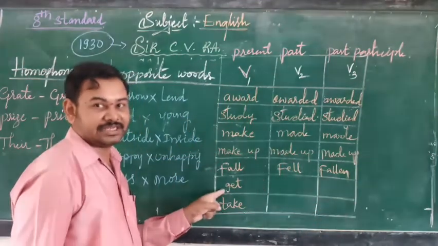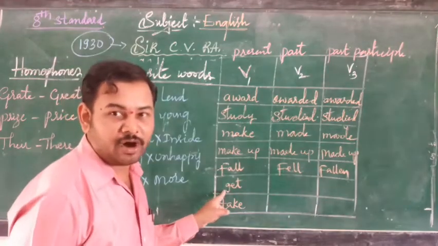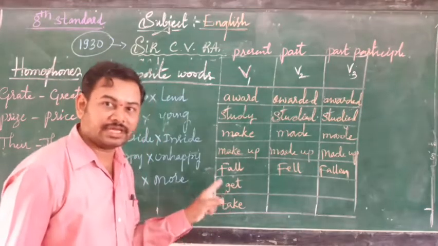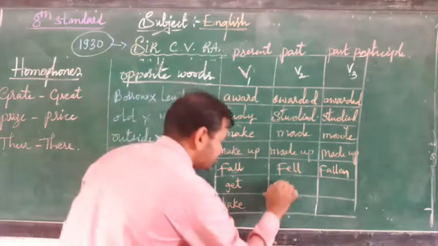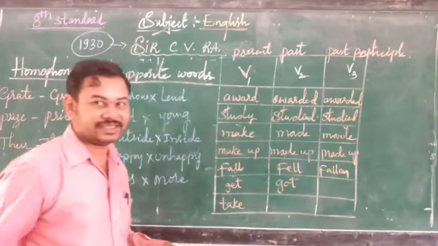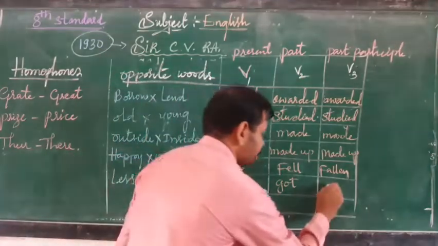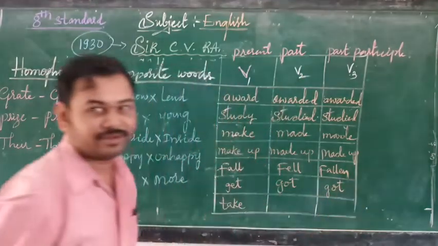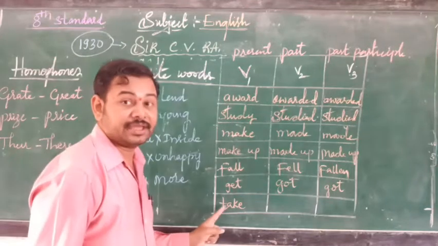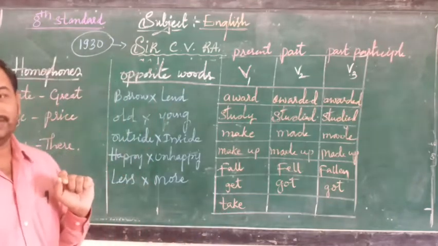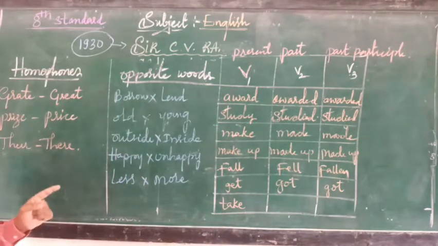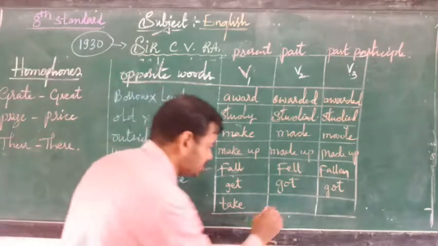Next, get in present. So what is the V2 form, or what is the past form of get? Yes, got. Isn't it? Next, what is the past participle form of get? Again, got. Got it? Next, take. It is in present tense. See, what is the past form of take? Good. Took.